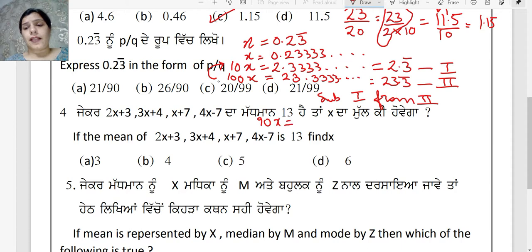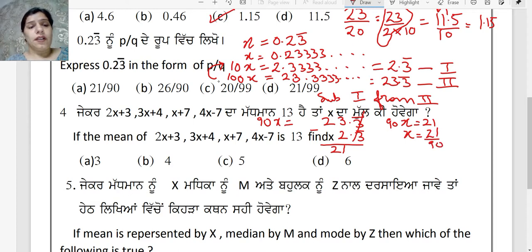And on right hand side, when you subtract 23.3 bar minus 2.3 bar, bar gets cancelled and 23 minus 2 gives you 21. So you get 90x is equal to 21. So x is equal to 21 upon 90 is your correct answer. So your correct answer is option A.